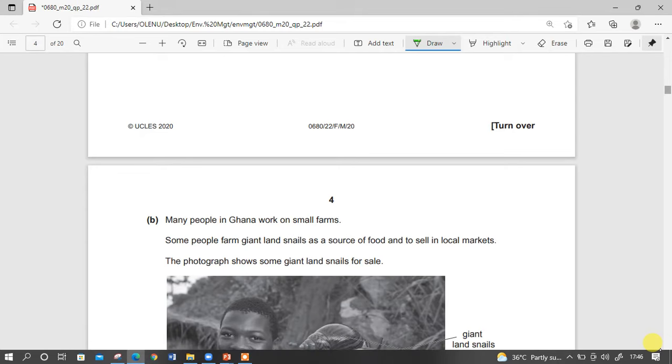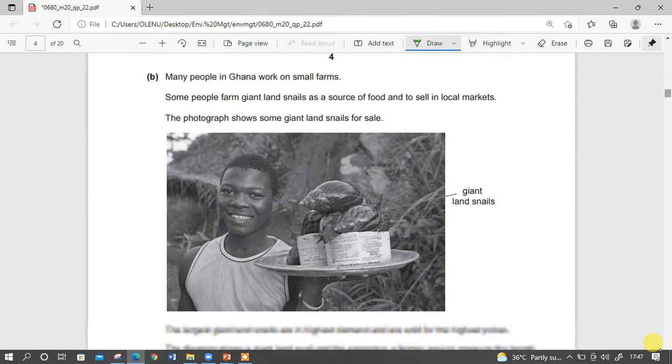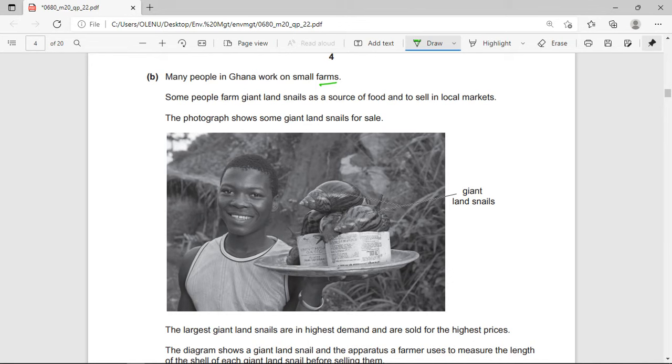Now, the B part of this question says that many people in Ghana work on small farms, so it's more like intensive farming. Some people farm giant land snails as a source of food and shell in the local market. The photograph shows some giant land snails for sale.